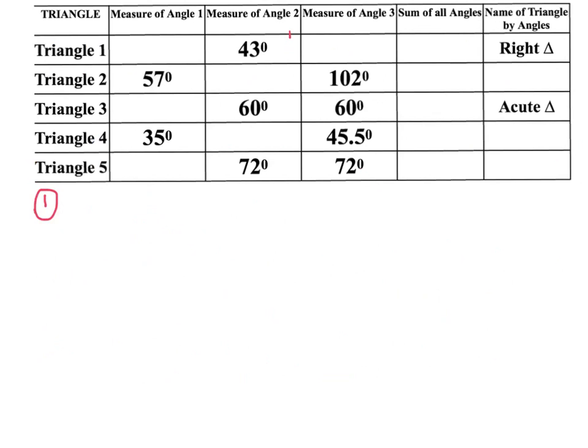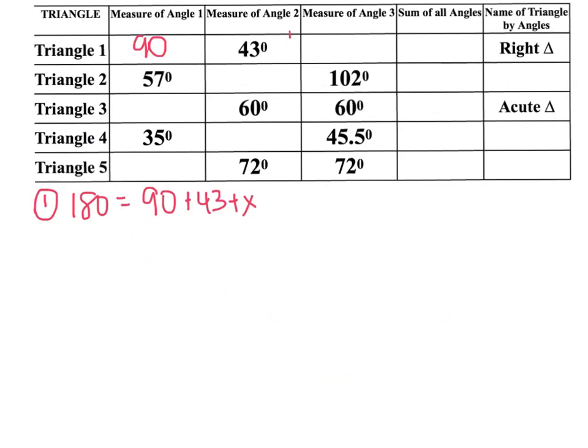Because this is in a chart and not where it has it drawn out, you can pick either angle 1 or angle 3. I'm just going to put it in the first one. But if it had it drawn out and it had the angles labeled, you would have to put 90 degrees in the one that actually had the square in it. So if we know that the triangle has to equal 180, we have 90 plus 43 plus some number x equals 180.